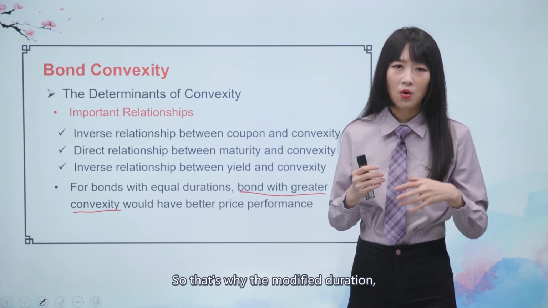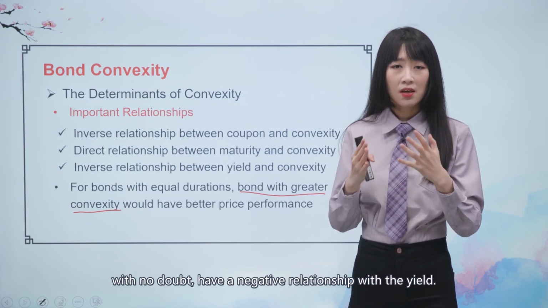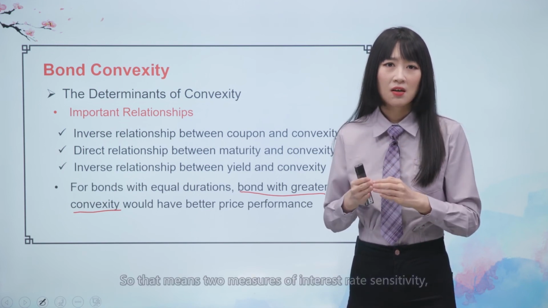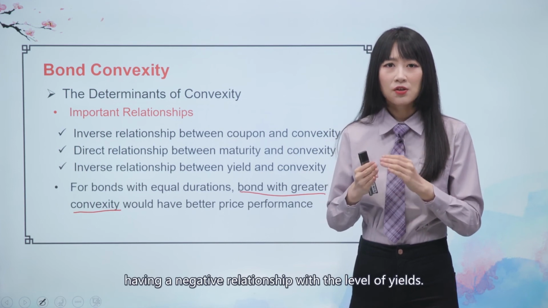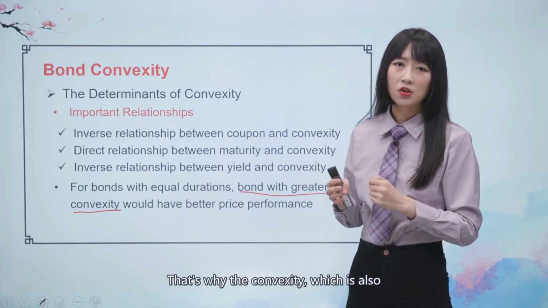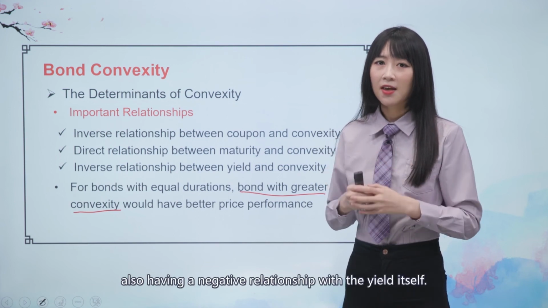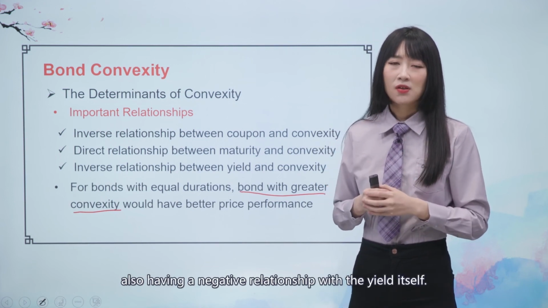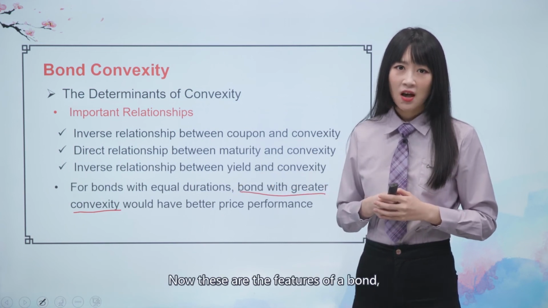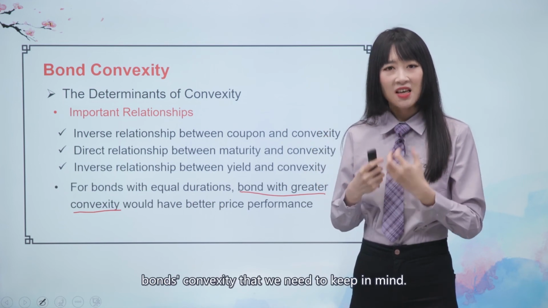So that's why the modified duration, with no doubt, has a negative relationship with the yield. So two measures of interest rate sensitivity have a negative relationship with the level of yields. So that's why the convexity, which is also another measurement of interest rate sensitivity, also has a negative relationship with the yield itself.